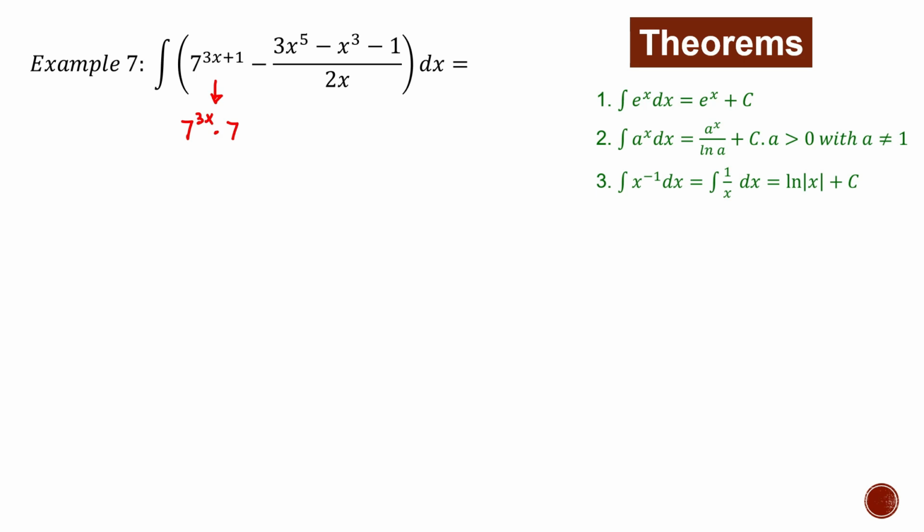And then here, if we distribute or separate the terms here rather, so this will be equal to minus 3x raised to 5 over 2x, and then this will be plus, minus minus is plus, x raised to 3 over 2x, and then plus again 1 over 2x.